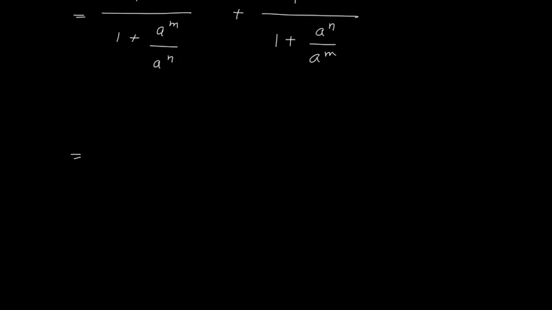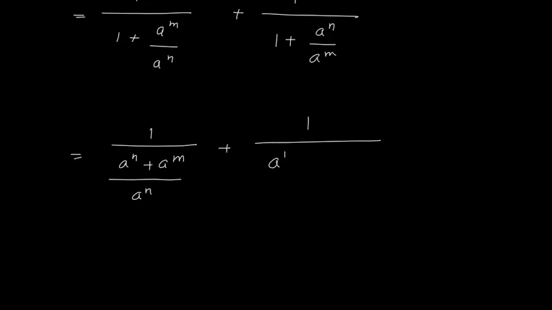So this is equal to 1 upon, now here I will cross multiply, so I will get a power n plus a power m whole divided by a power n, plus 1 upon a power m plus a power n whole divided by a power m.